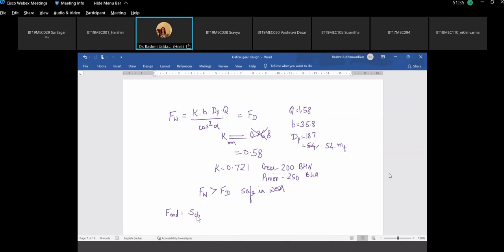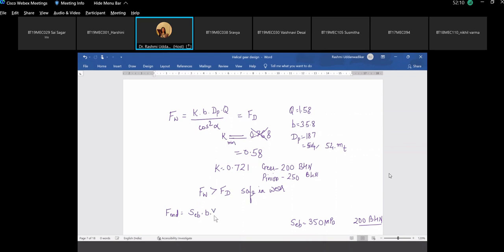For the gear material, we are taking gear with 200 BHN, for which the value of SEB is 350 megapascals, since our design is based on gear.